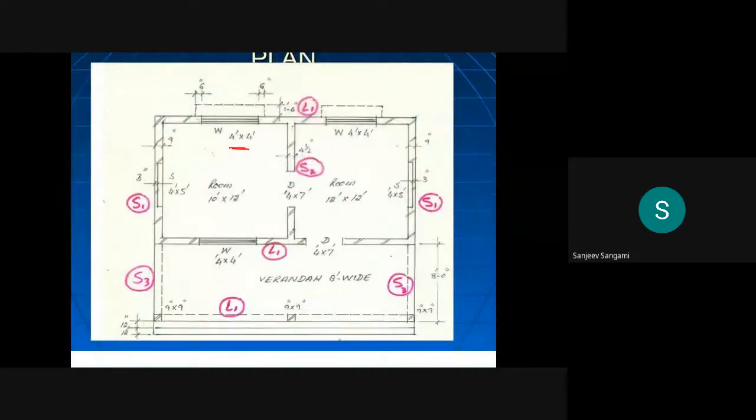Of course, all are in feet. The problem you will never be given in terms of feet; it will always be in meters. Just try to do the work. In practice, we will do it in feet only. If that is the case, how exactly can it be calculated?